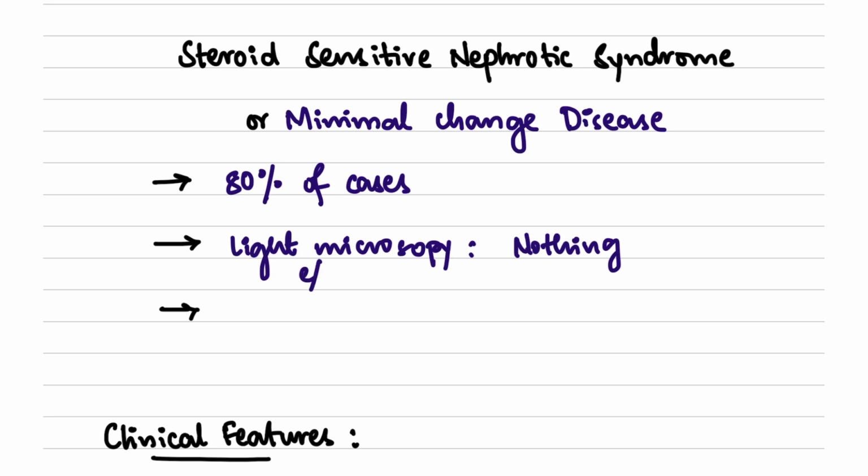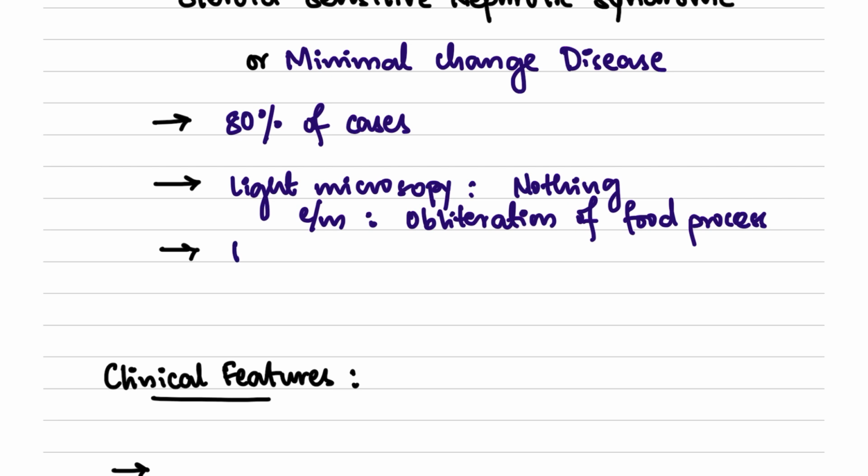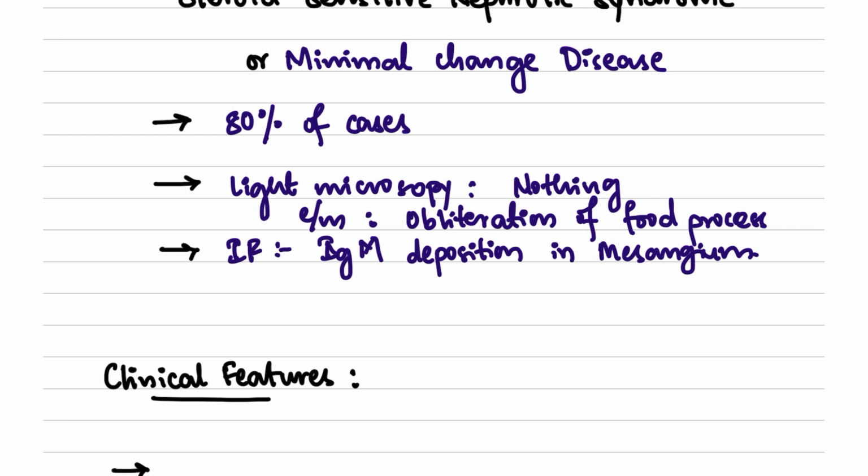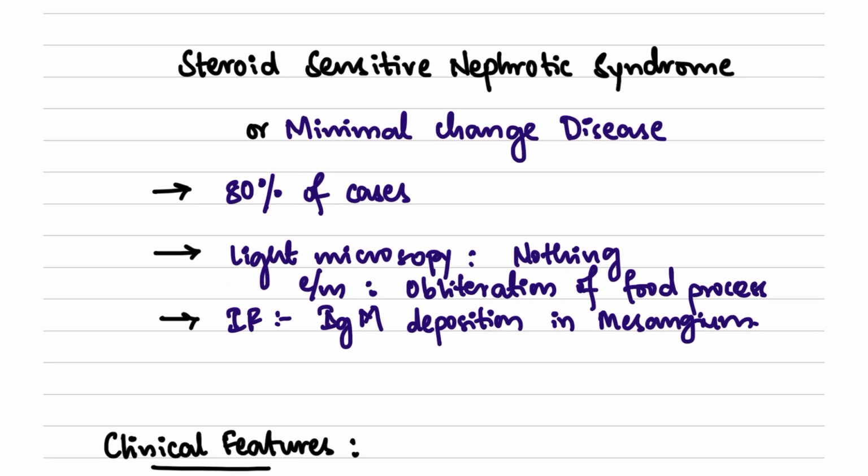But when we look at it under electron microscopy, that is when we see obliteration of foot processes of podocytes. And on immunofluorescence, sometimes we see IgM deposition in the glomerular mesangium. Okay, this is the minimal change disease or the steroid sensitive nephrotic syndrome.